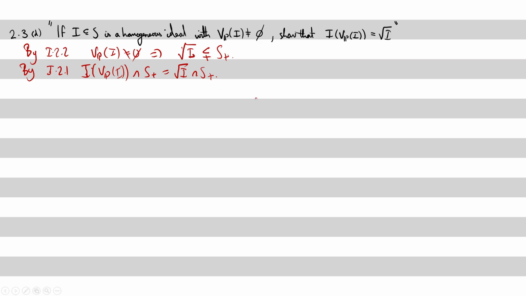That is what we proved, and that is what we stated yesterday as the result of the homogeneous Nullstellensatz. Therefore, as we are working in an ideal entirely contained within S plus, in our context, the radical is equal to the radical intersect S plus.